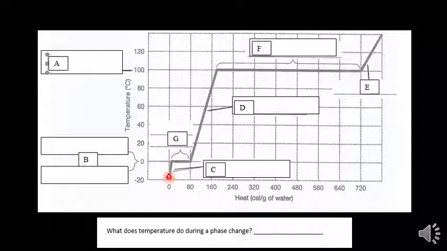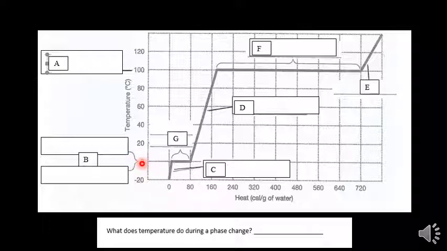If you're going from a solid to a liquid and it passes through that 0 degree mark, that's called the melting point. And if I have a liquid and I'm cooling the temperature down, and it hits that 0 degrees, that would be called the freezing point, because we're going from a liquid to a solid. And if I heat it back up and it passes through 0, that'd be the melting point. So it depends on which way you're going, whether you call that 0 the melting point or the freezing point, exact same number.